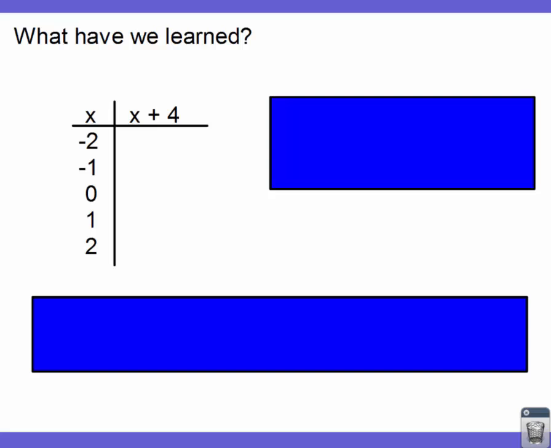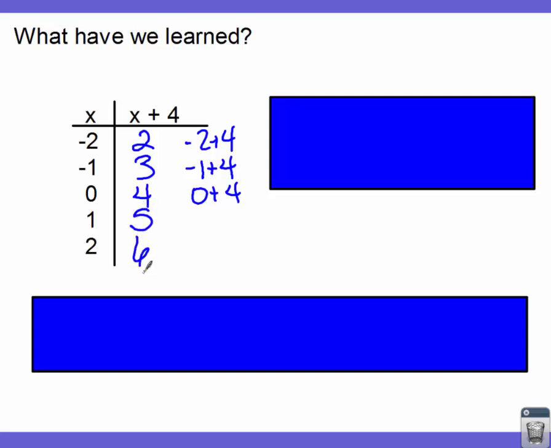And what we've learned to do is evaluate this expression by plugging in the -2 into this expression and getting these values. So we could do -2 plus 4, which gives you +2. -1 plus 4 gives you +3. 0 plus 4 gives you 4. And then we notice that there's a pattern. And the pattern is actually counting by ones here. So the next one then would be 5 and 6.